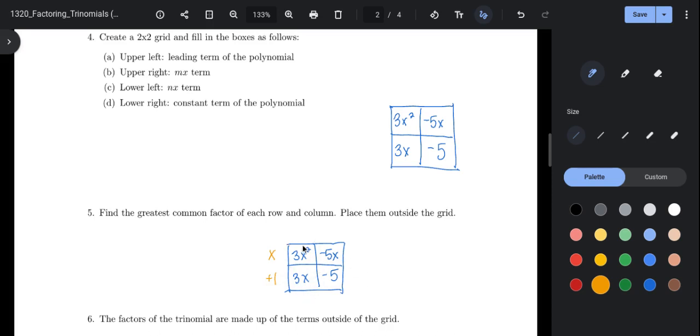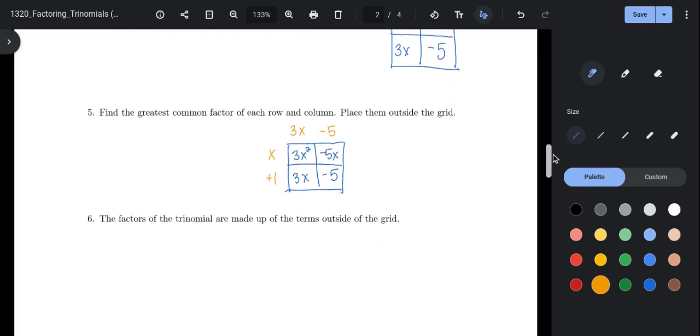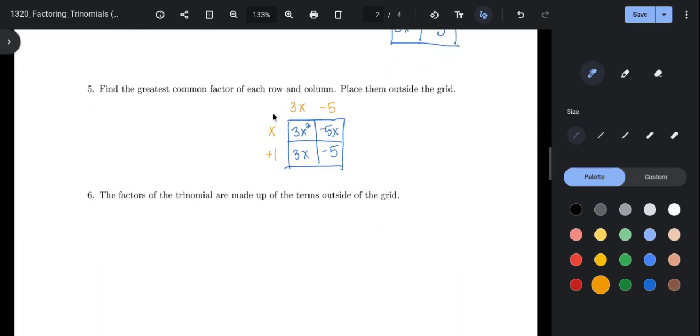And then the first column, 3x squared and 3x, they both have a 3 and x. And negative 5x and negative 5, they both have a negative 5 as their GCF. So now we are going to rewrite what we have on the outside of our box as factors.